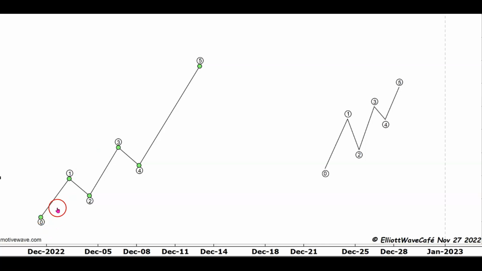Now, would I count this as a 1, 2, 3, 4, 5? Maybe not. Maybe the way I would count it would be 1, 2, 1, 2, 3, 4, and 5. So let's not just assume that because you have two waves in equality and then a longer move upwards, that's necessarily a fifth wave, and call it a 5 and call it done.